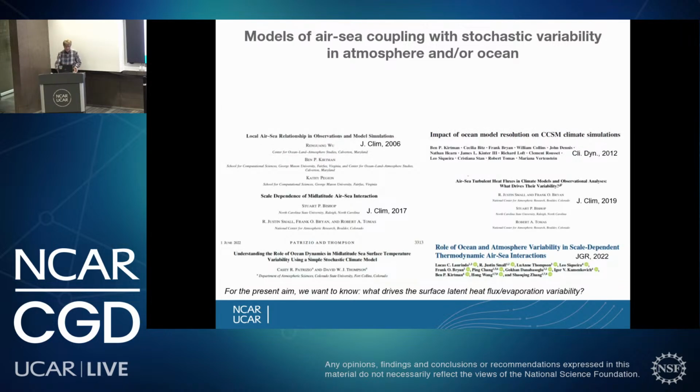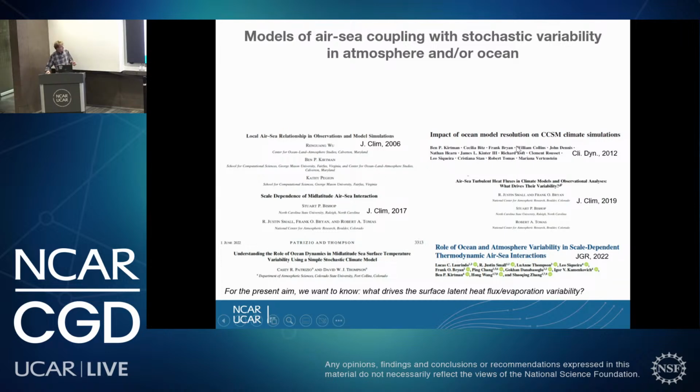And then since then, there's been a whole slew of papers, but I'll point out this one by Wu, Kirtman, and Pegion, which introduced stochastic ocean noise for the tropics. And you get a different response than with just the atmosphere noise, which I'll show in the next slide.